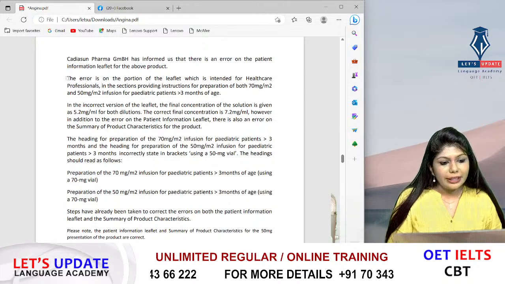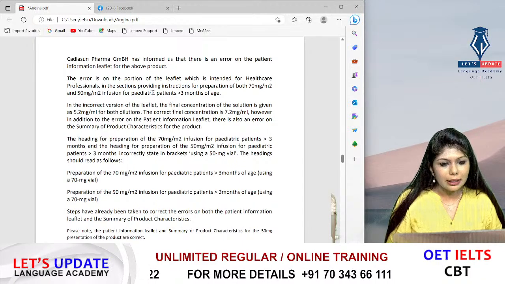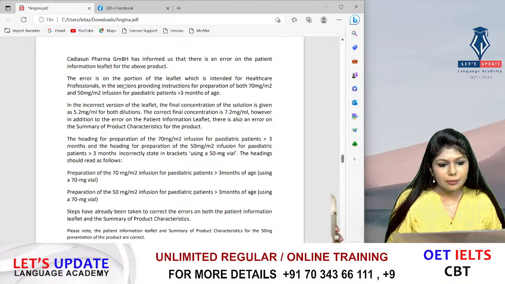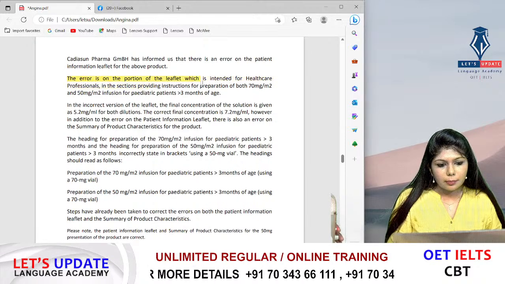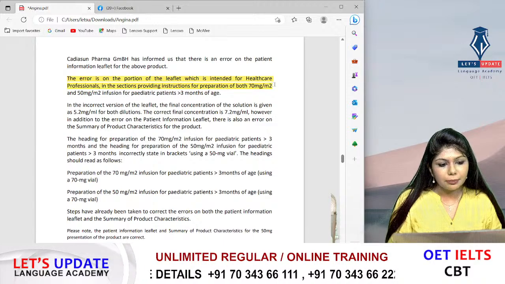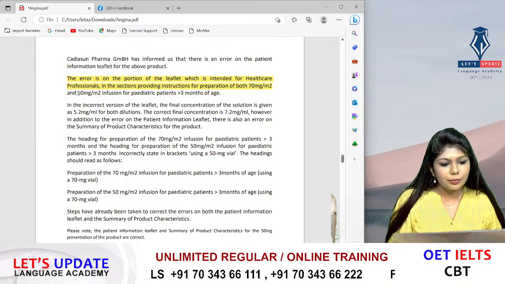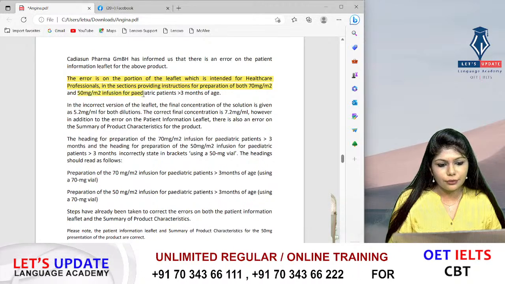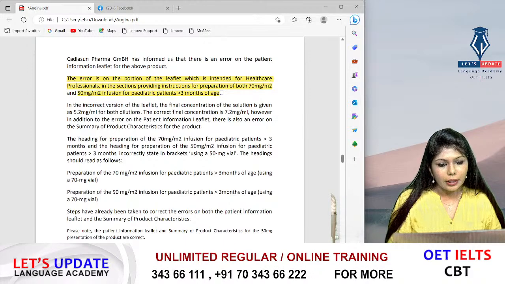Okay, so in the patient information leaflet, where are the errors? One is in the section providing instructions for preparation of both 70 mg per m2, and there is another error in the 50 mg per m2 infusion for pediatric patients greater than 3 months of age.